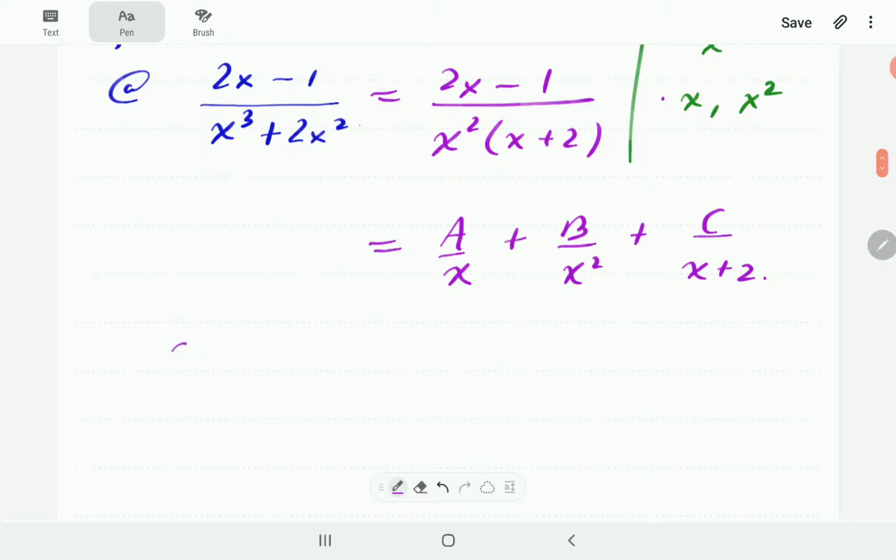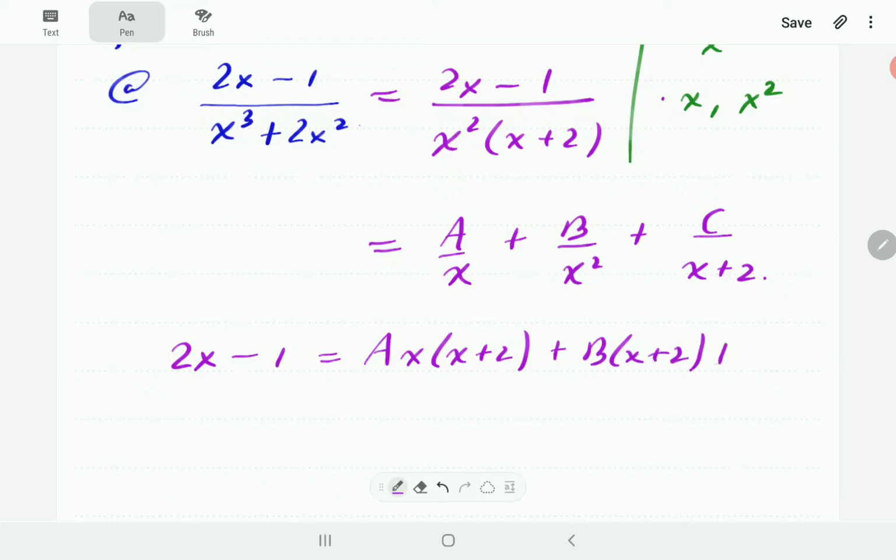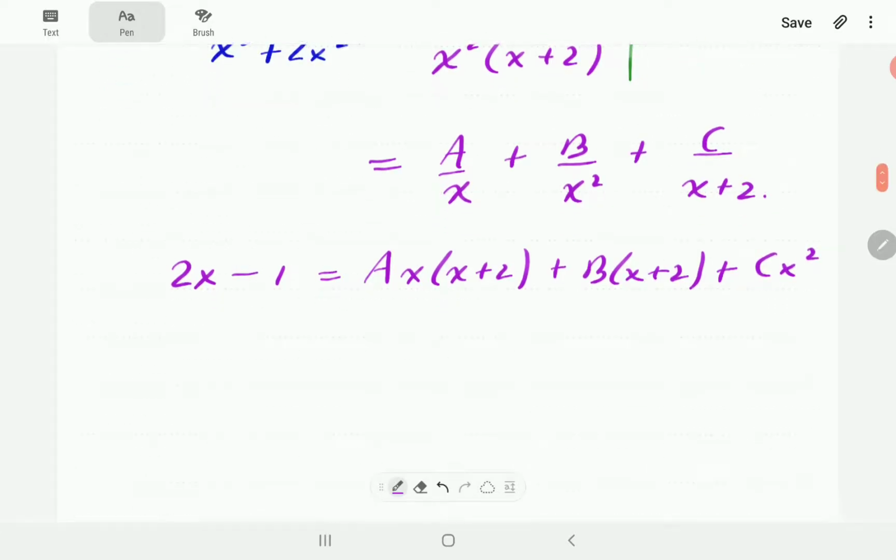On the left hand side, we're going to be left with just the numerator, and on the right hand side we're going to have Ax times (x plus 2). Then the second term is going to be B times (x plus 2). Then the third term is going to be C times x squared.